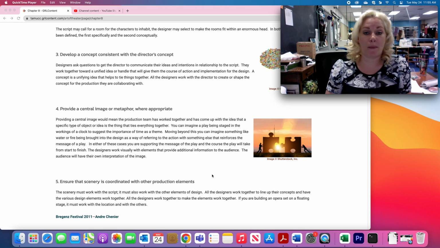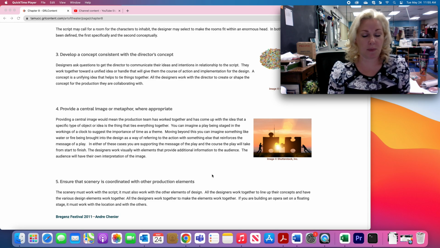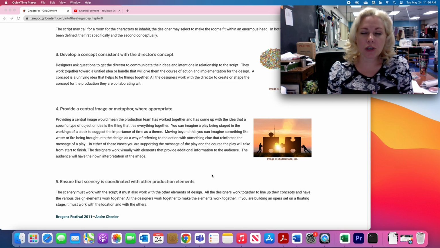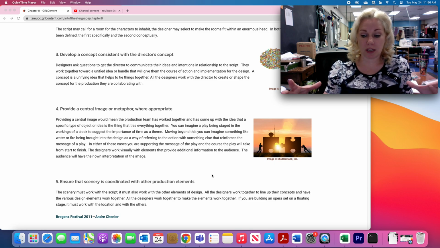We did When a Monster Calls. When a Monster Calls is a show we did here this past year. The monster in the show is actually a tree. It's a yew tree. Well, the actor portrays, I guess, the spirit of this yew tree. And the stage itself was huge. It was almost like a stump of a tree, but it was ginormous, and all the actors could fit on it.